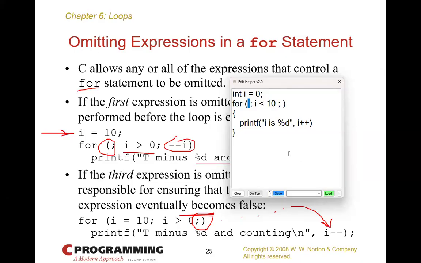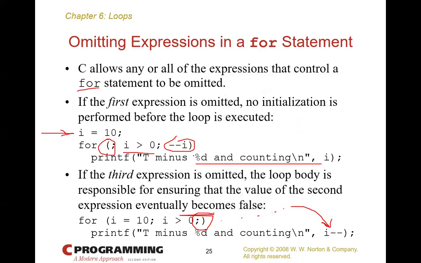The for loop expects to have 3 items in the parentheses. So we must put 3 items. And again, for this third expression, we have the space for the third expression, which is denoted by the semicolon. So please do not forget this.